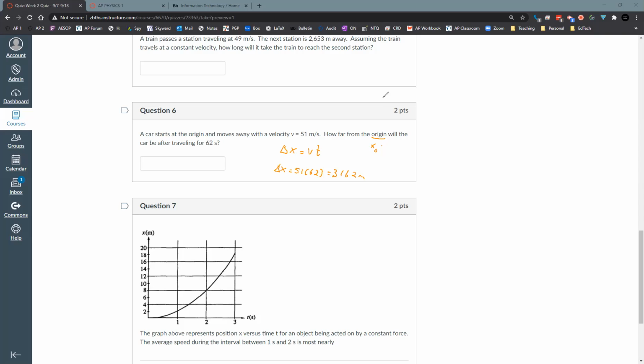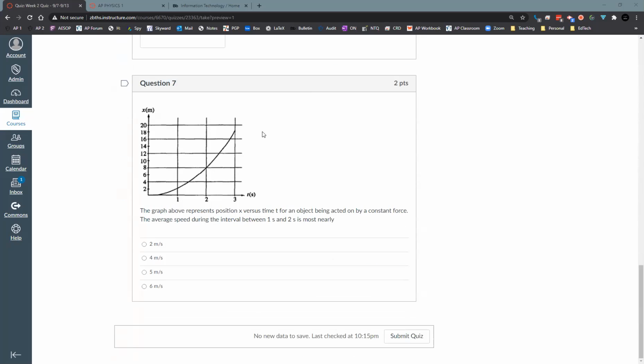And question 7 is not a random question, so everyone's answer will be the same here. It asks for the average speed during the time interval of 1 to 2 seconds. Just like with the soccer player, we have to ask ourselves about its speed. So we are looking at distance, although in this case, because we're traveling in the same direction, distance and displacement will be the same thing. At 1 second, we are over here at 2 meters. And at 2 seconds, we are over here at 8 meters.